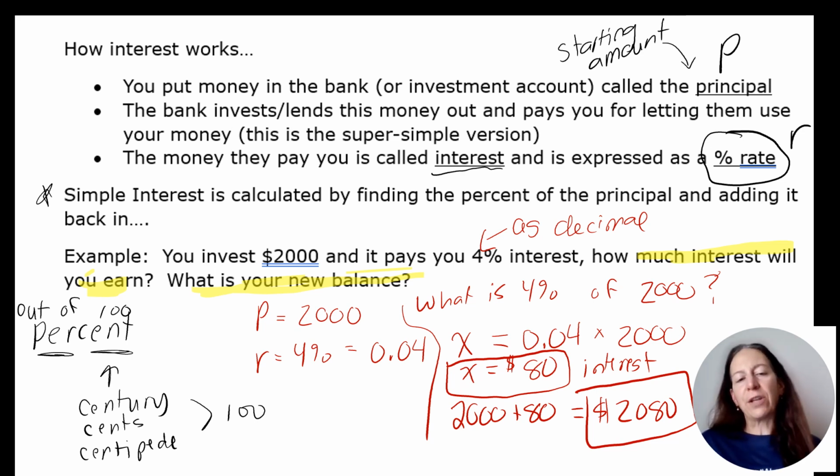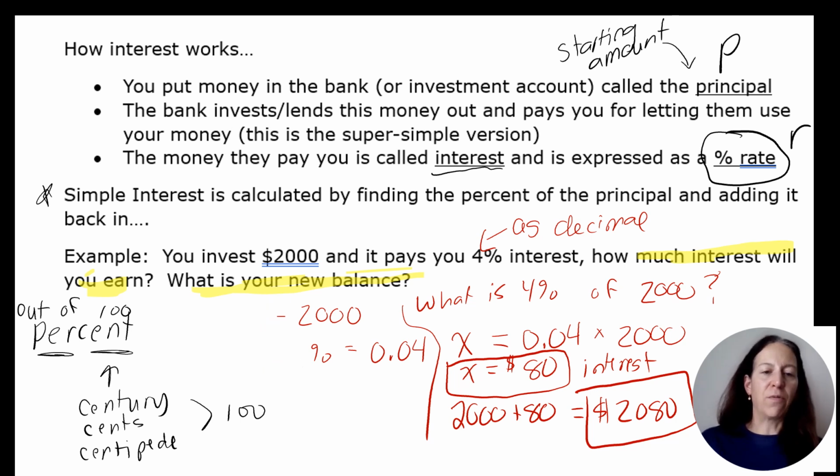Now, here's how interest works and why very rich people can live off their interest. The next time the bank collects that interest, so I'm going to erase what we have over here, they are going to calculate the 4% off a bigger number.